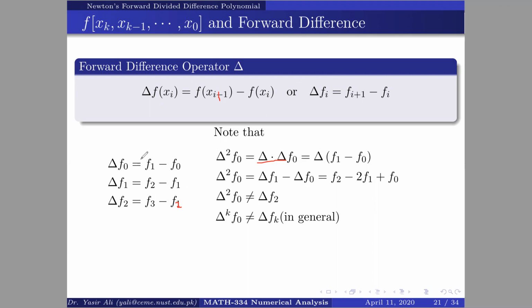Using the values from here, I can write, because I have to do a negative and a plus sign here and then add them, I'm going to get this. This is just to show you that the second difference of f naught is not equal to the first difference of the function. So in general, these are not the same.